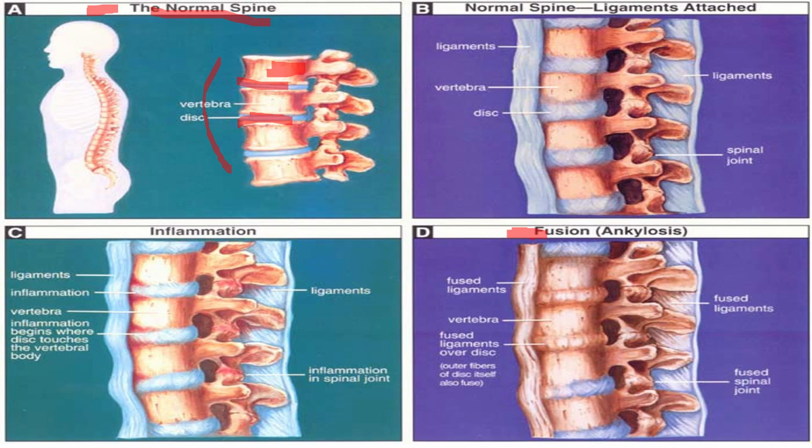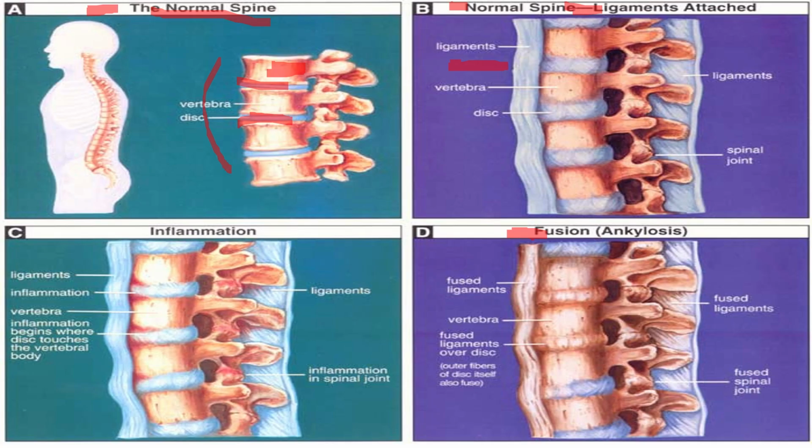Then in B, there is a normal spine with ligamentous attachment. Here you can see the ligaments attached to stabilize the spine. These ligaments maintain alignment and controlled movement of the vertebrae.